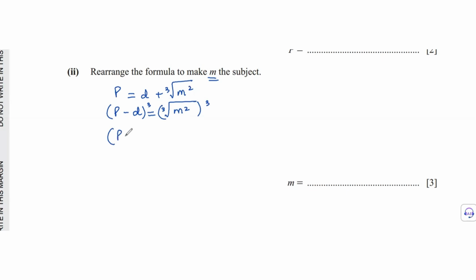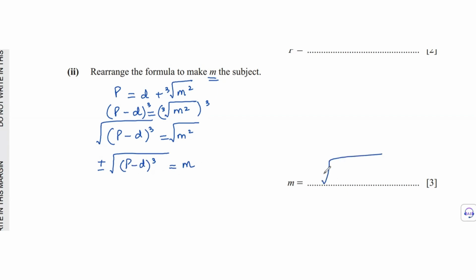It's now (P minus D) whole cubed equals M squared. Now to get rid of the square, we're going to square root both sides. When we square root both sides, we get plus or minus, because the square root of a value gives a positive and a negative value. And this is M. So M equals plus or minus the square root of (P minus D) whole cubed.